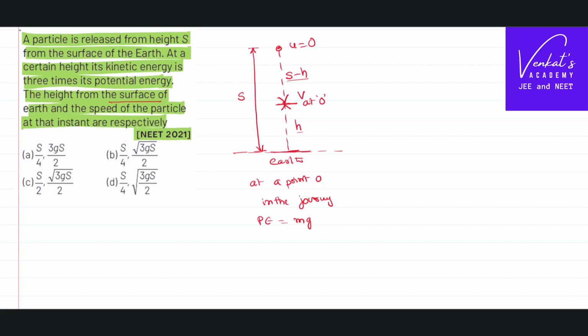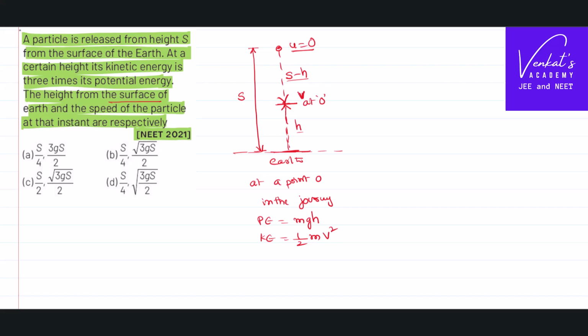So from the earth, we have called that point h. Kinetic energy is half mv square. I need to calculate this v when its initial velocity is 0.